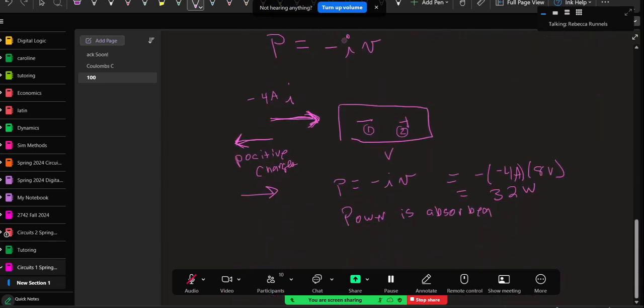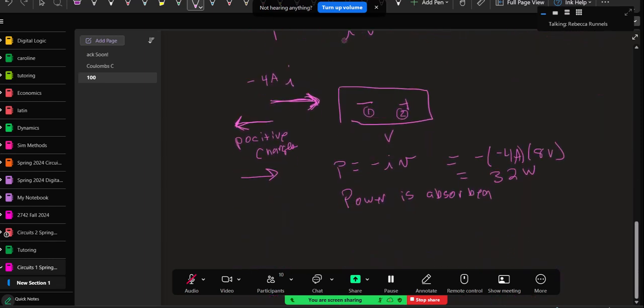Okay, well, let's think about it. We have our voltage was 80. That means this side is a plus 80 volts and this side is 0. So we have a higher potential on this side.